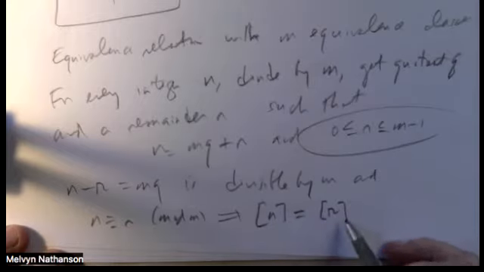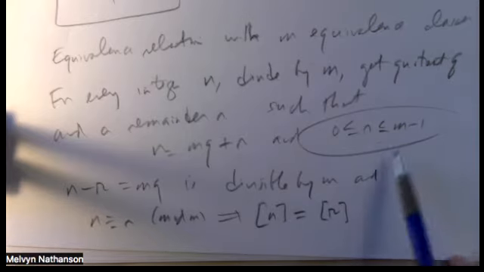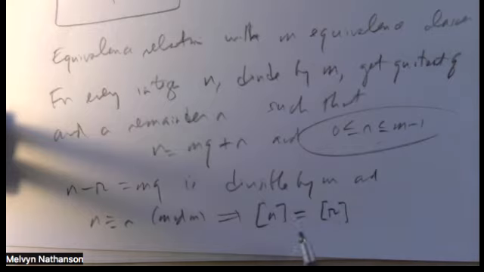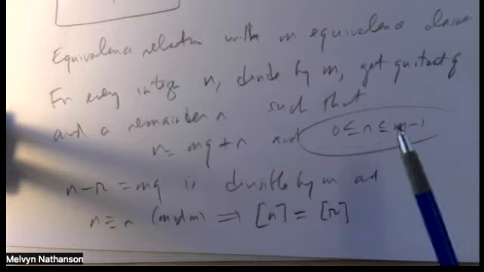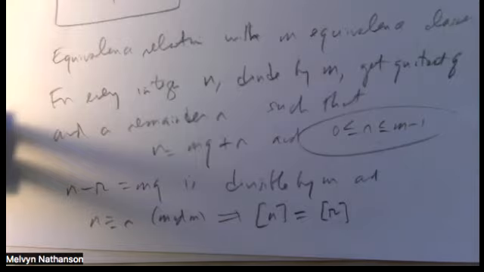So the equivalence class of n is the same as the equivalence class of r, and there are at most m different equivalence classes of r. And in fact, they're exactly m equivalence classes, because if you take two numbers between 0 and m minus 1, the difference is not divisible by m unless the numbers are the same.